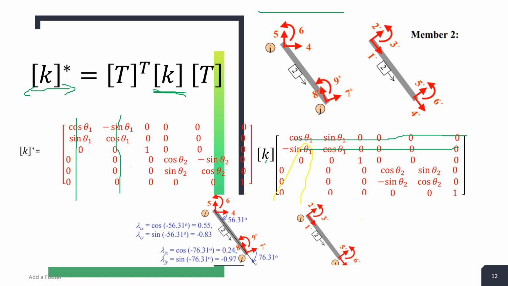So this is 56.31 and this is 76 because the roller support, I think as shown, was in an orientation of 20 degrees from the example. So 20 plus 56.31 is 76.